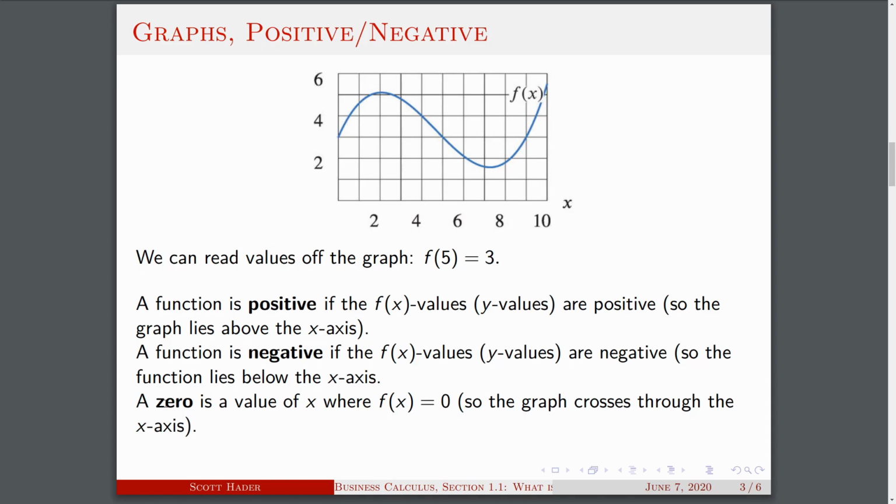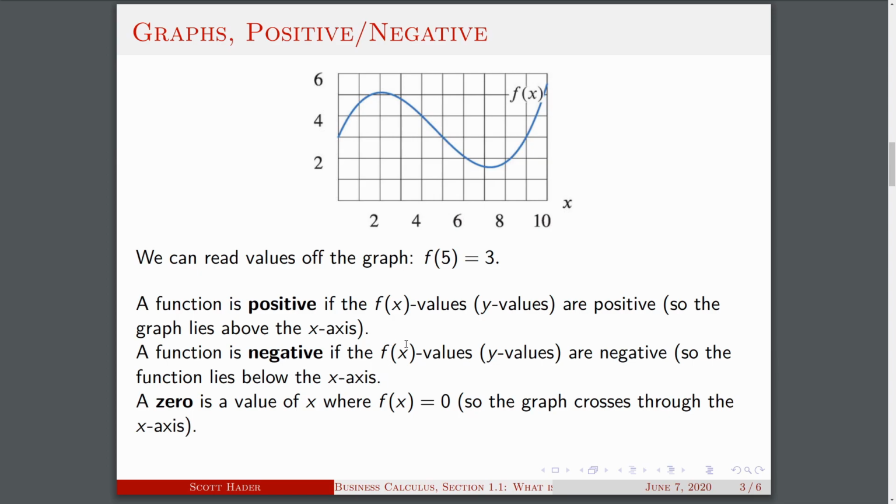And if a function crosses through the x-axis, let's say this graph just extended on down here through the x-axis, it would have to cross through y equals 0. The y value would have to be 0 at some point. The x value where that y value is 0 is called a zero. So a zero is the x value where the y value is 0.